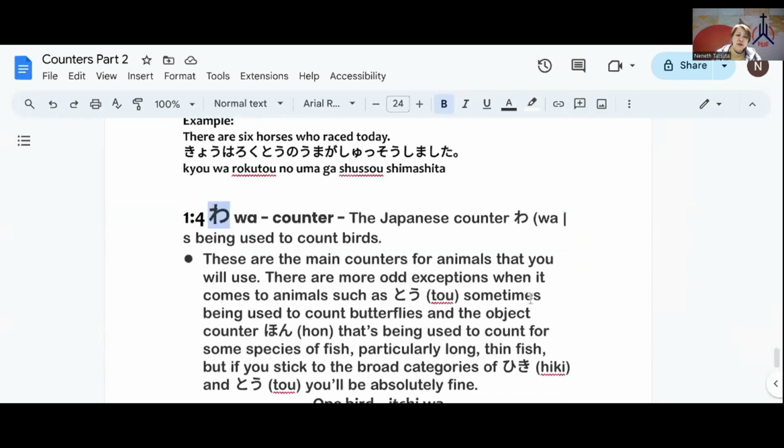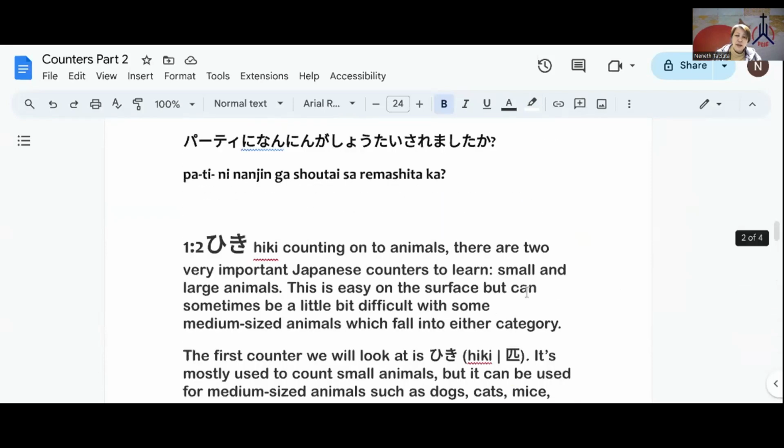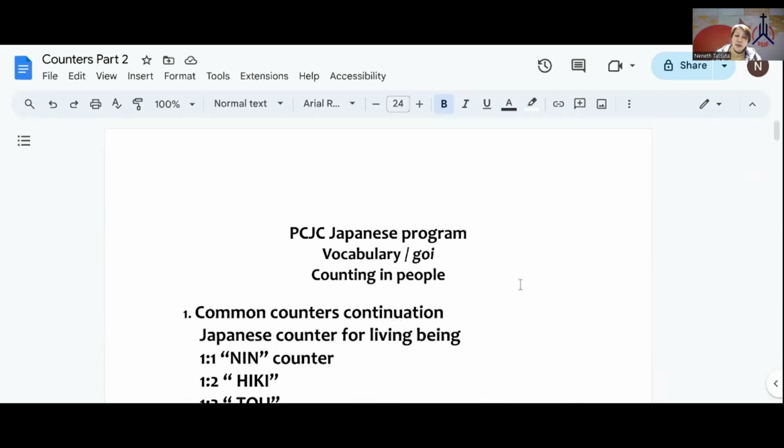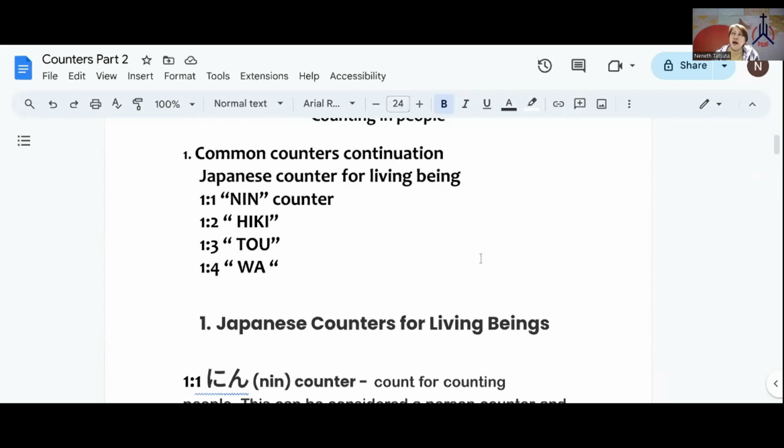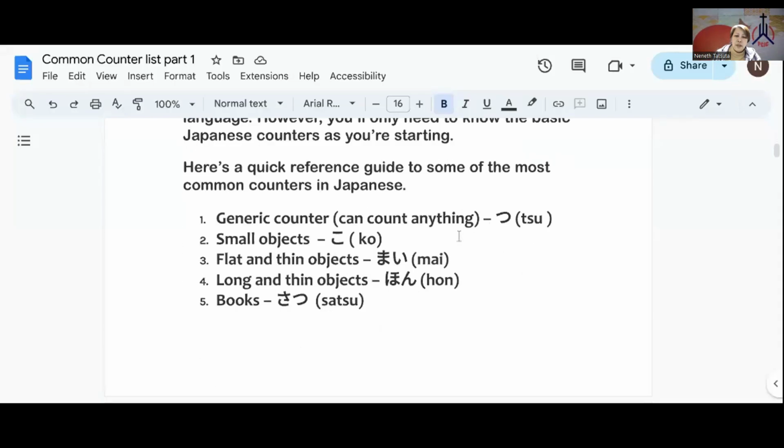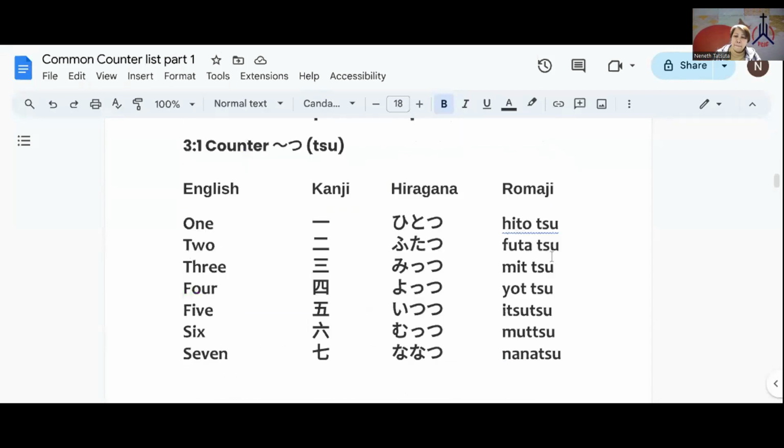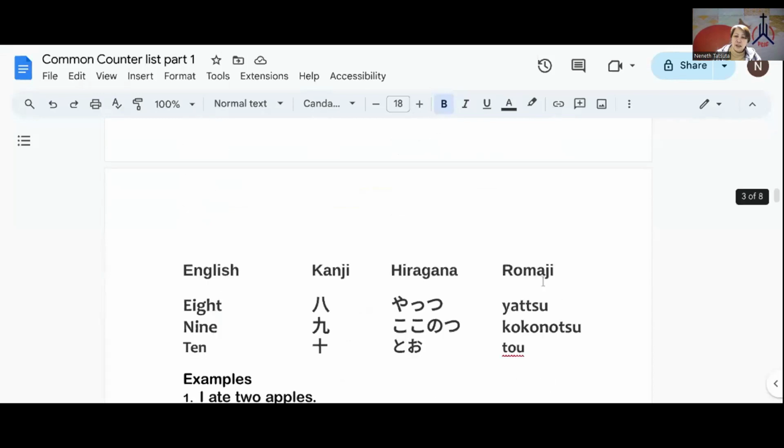That's all. But usually in N5 the common ones that will come out are the nin, for people, and then the tsu: hitotsu, futatsu, mitsu.